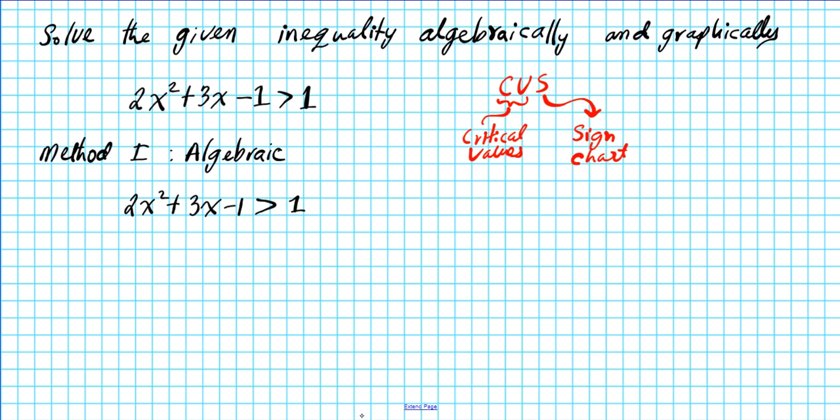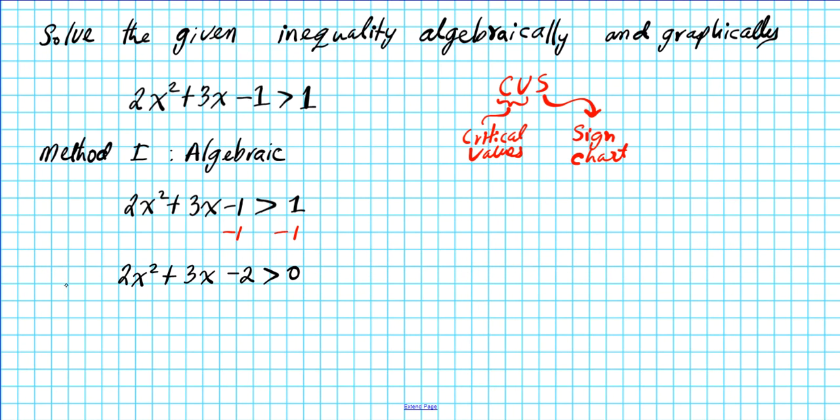That will help us greatly as we proceed. To have 0 on the right side, we simply subtract 1 from both sides of the inequality. So we have 2x squared plus 3x minus 2 greater than 0. Now we have it in this format.